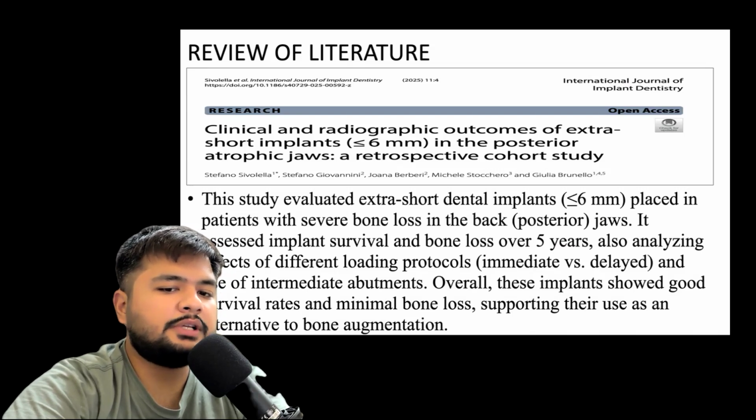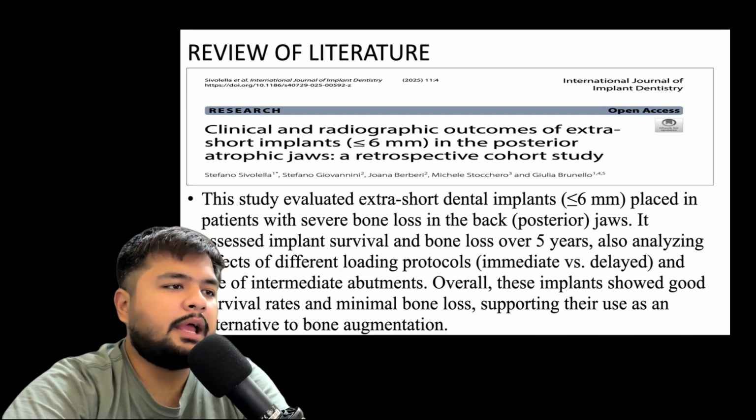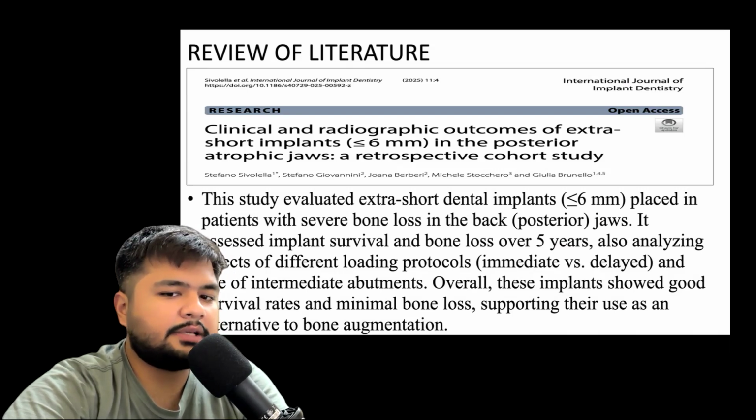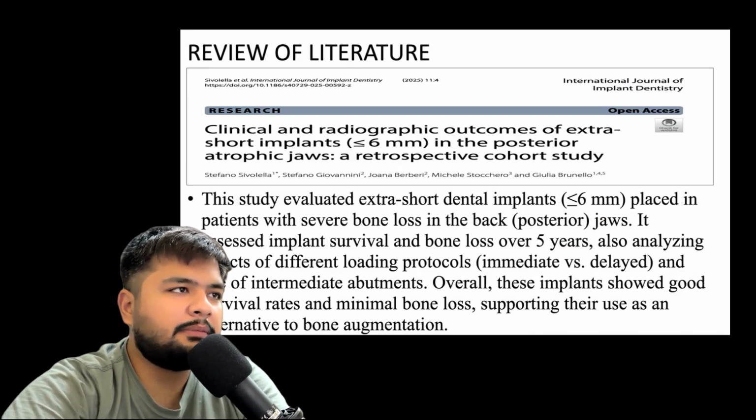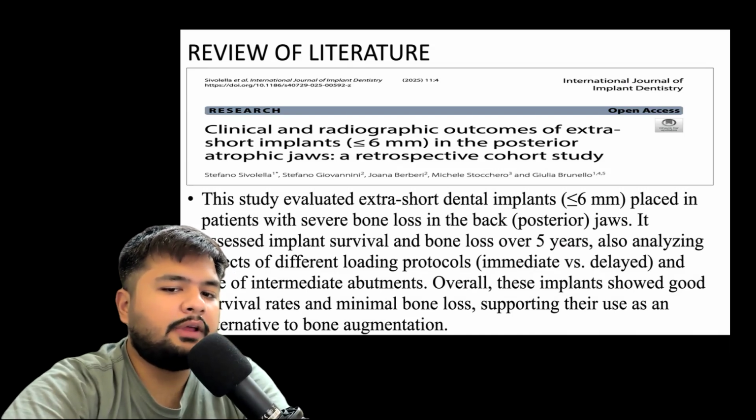So the key inclusion criteria were patients 18 years or older with American Society of Anesthesiologists class 1 and class 2, having single or multiple maxillary and mandibular molars or premolars associated with alveolar bone atrophy, available bone height between 6 mm to 8 mm, and width at least 8 mm.